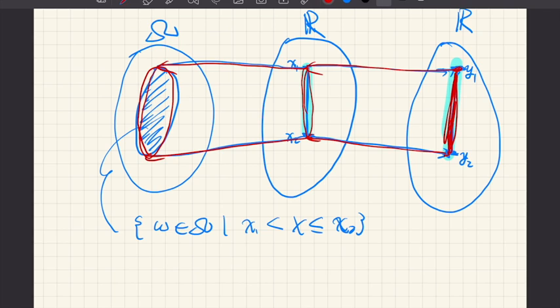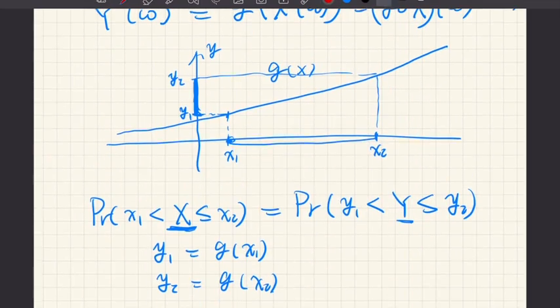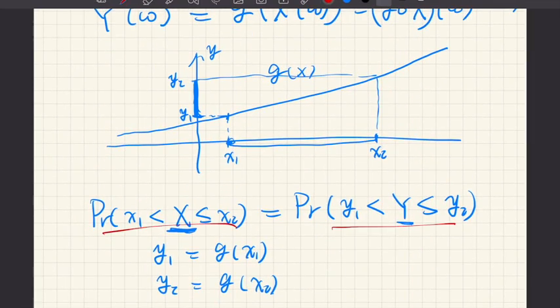So that means we are actually looking at the same subset of omega, whether defined through y or defined through x. So these probabilities should be identical, right?